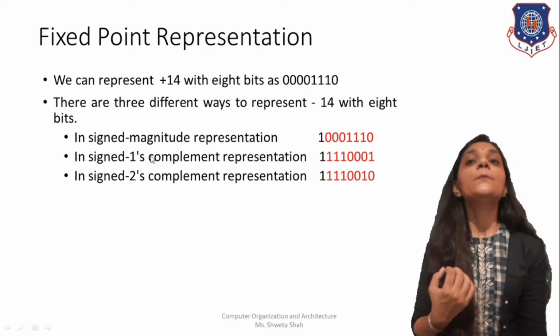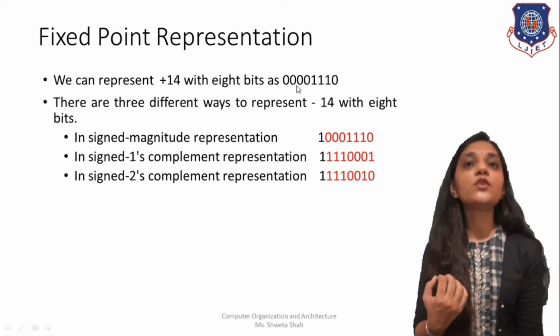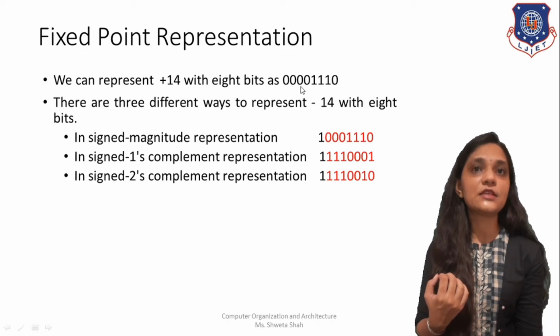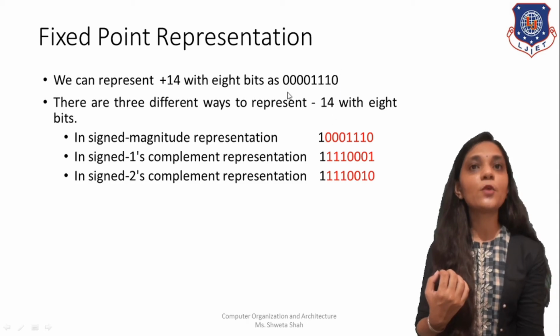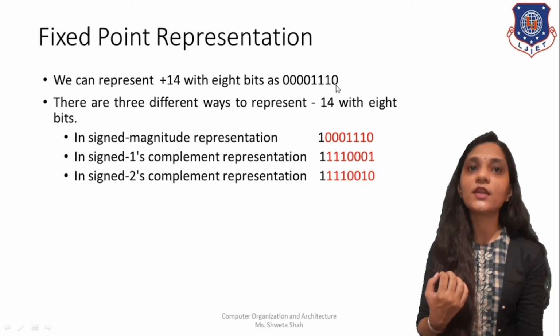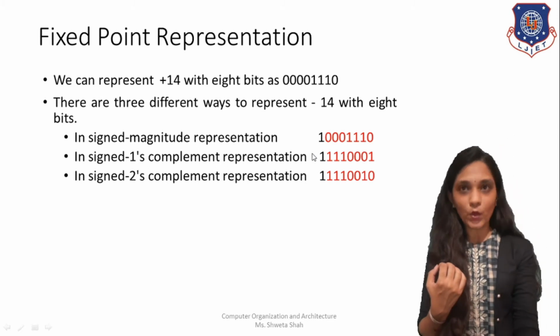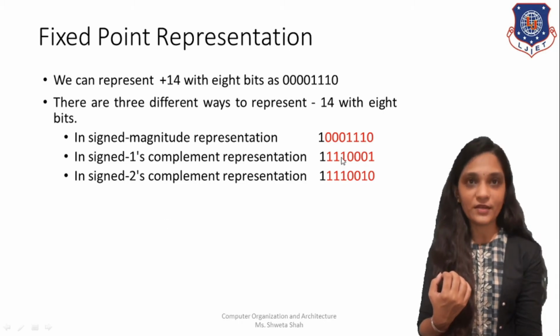For the 1's complement method, you have to find the 1's complement of the 7 bits, that is 0 0 0 1 1 1 0, and its 1's complement will be 1 1 1 0 0 0 1. And additionally you have to append the sign bit as 1 if you are using 1's complement representation.